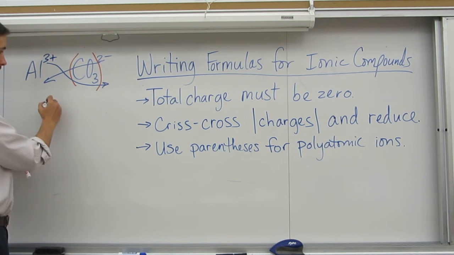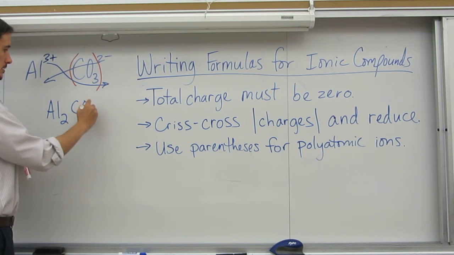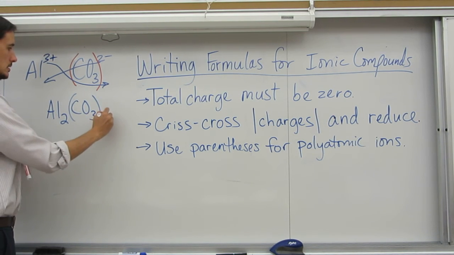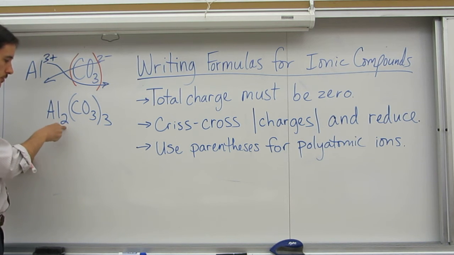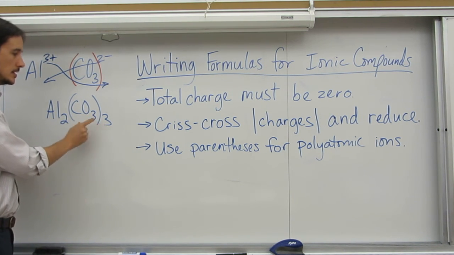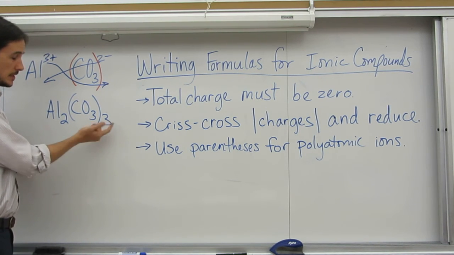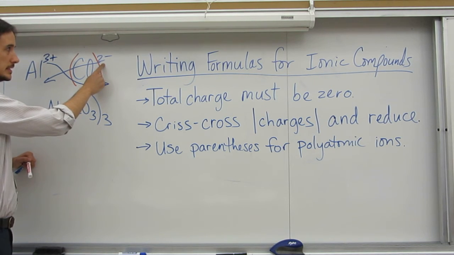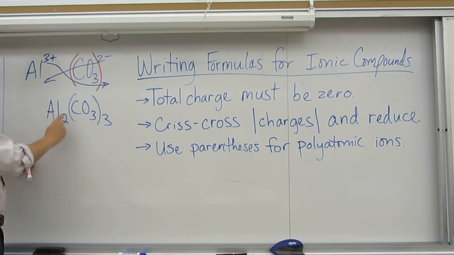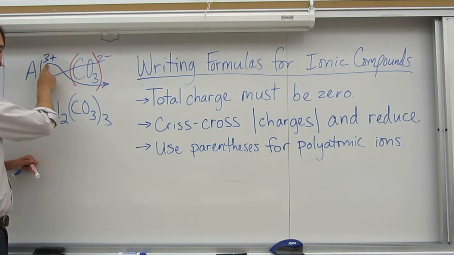And our final formula, this formula says we have 2 aluminum ions for every 3 carbonate ions. And that makes sense. 3 times -2 is -6, and 2 times +3 is +6.